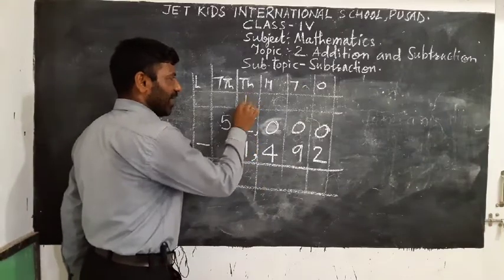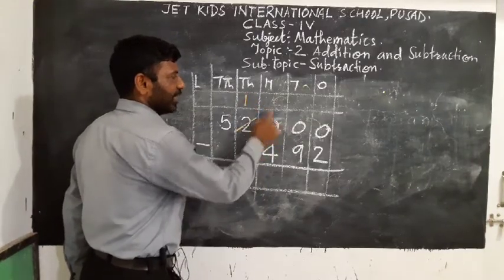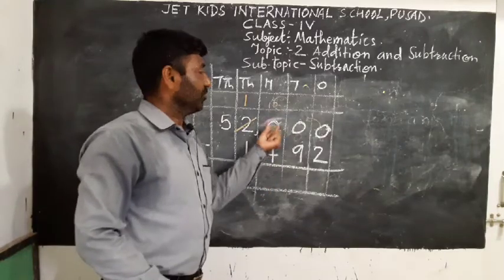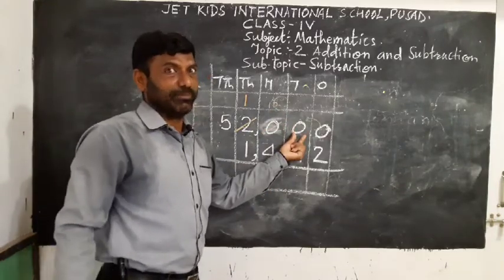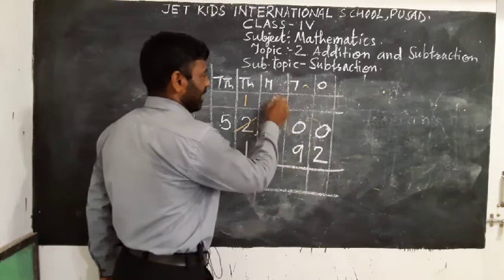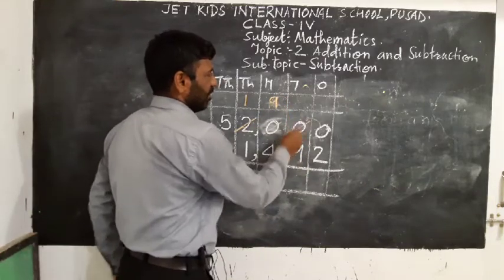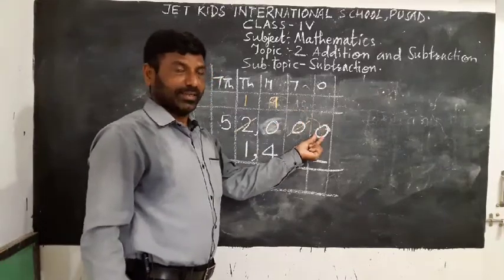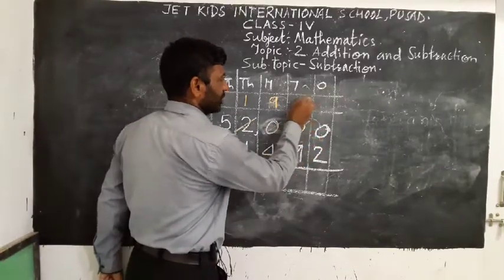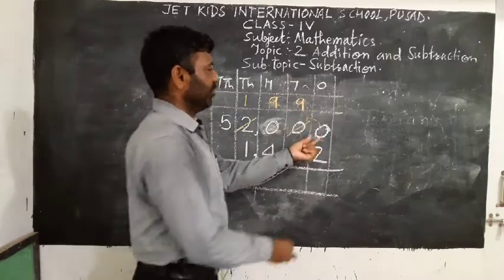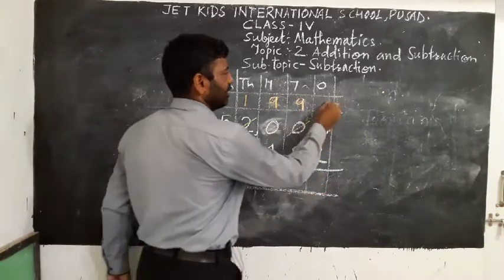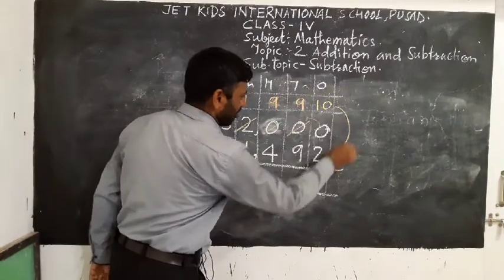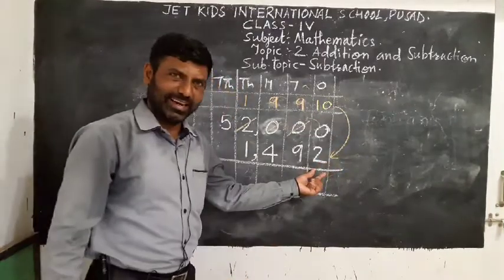So 2 becomes 1. This 0 becomes 10 here, but it has to give one to its neighbor, so 10 becomes 9. Again it has to give to its neighbor, so here also 9. And now here, this 0 with the borrowed 1 means 10. Now 10 minus 2, possible?